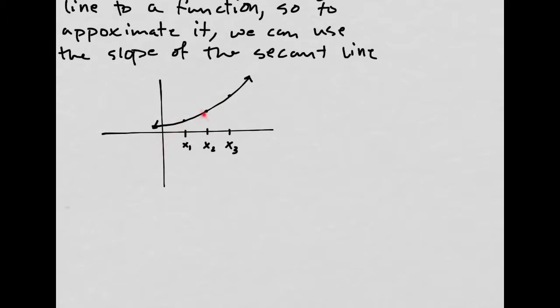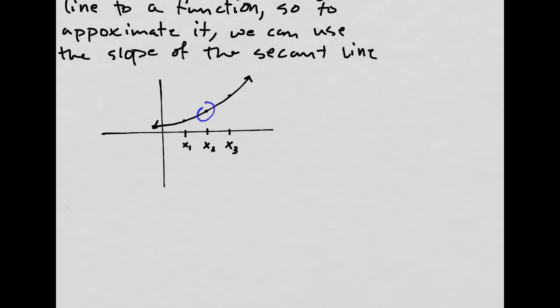So I'm looking to approximate the slope of some tangent line like this, and there are three different things I could do. One is to find the slope of the secant line between these two points, because that slope is very similar to the tangent slope. I'm drawing it poorly, but hopefully you understand.